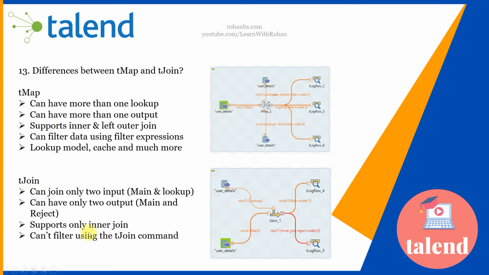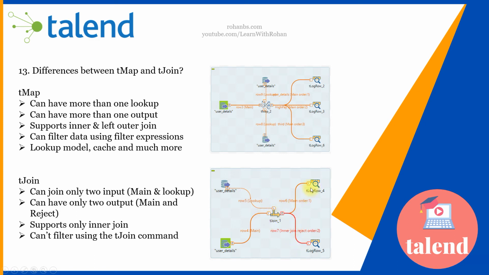Coming to tJoin, tJoin is used only when you want to perform just an inner join and you have only two tables to do it. One table would be your main flow and the other table would be treated as a lookup, and you can have only two outputs here as well.